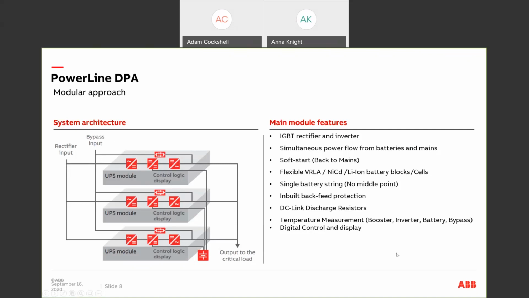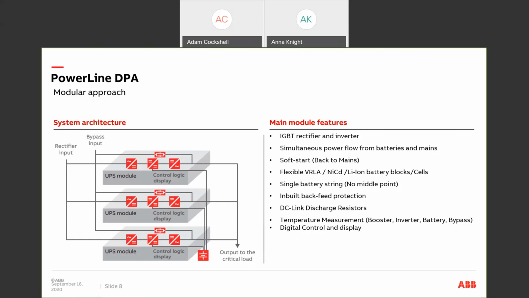These are IGBT rectifiers and inverters, and we can do a simultaneous power flow from the batteries and the mains, so we can do a dual source to give you the walk-in from a discharge when mains is returned. We walk that back in from batteries into mains and vice versa.